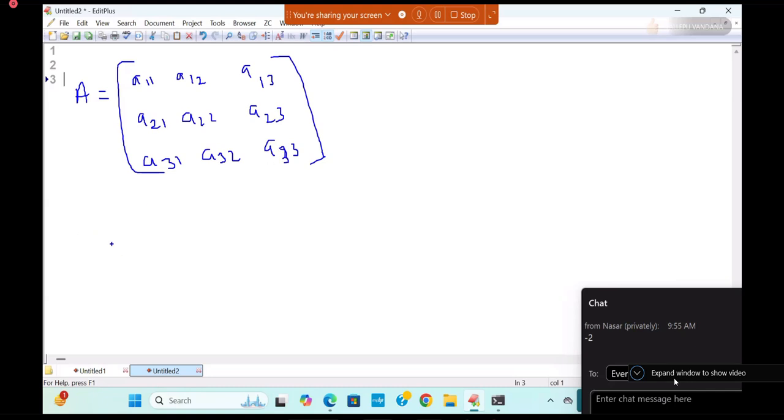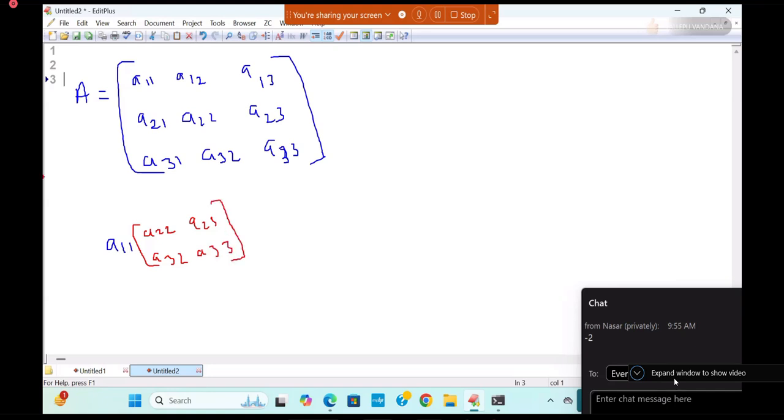How will you find out A11 of this? First I'll start from here. When you take that part of this one, you have to take this part, and then this part. Okay. So what should I write there? I will write it over there: A22, A23, A32, A33.